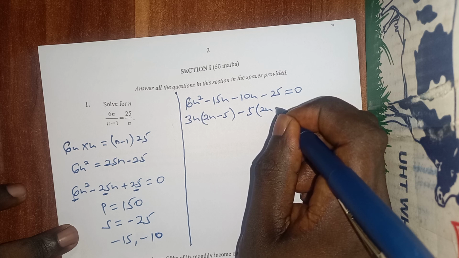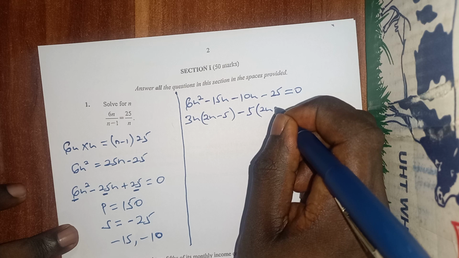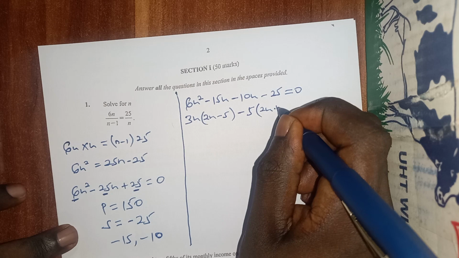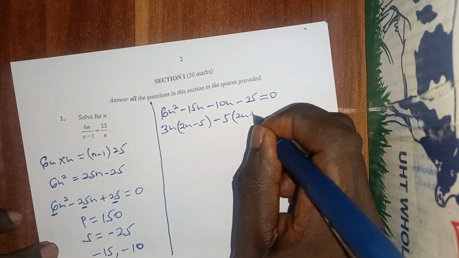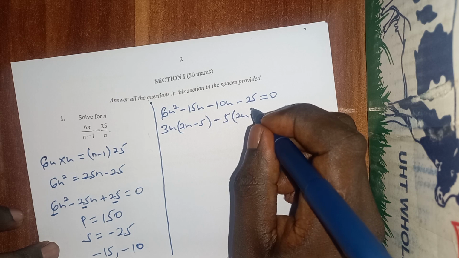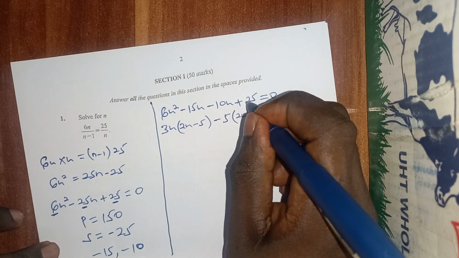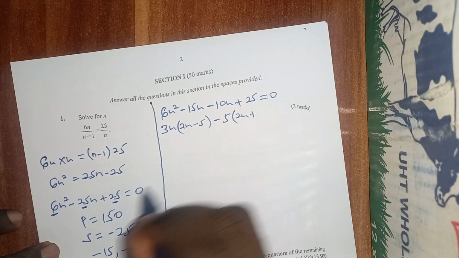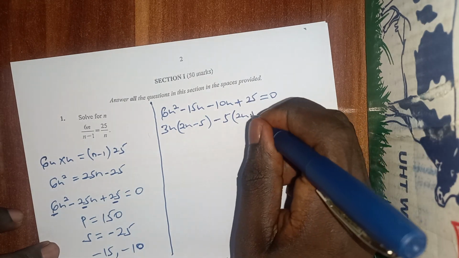It's going to be plus here. Oh, this is a plus. Sorry, this is a plus here. You can see it was a plus here. I'm so sorry for that.